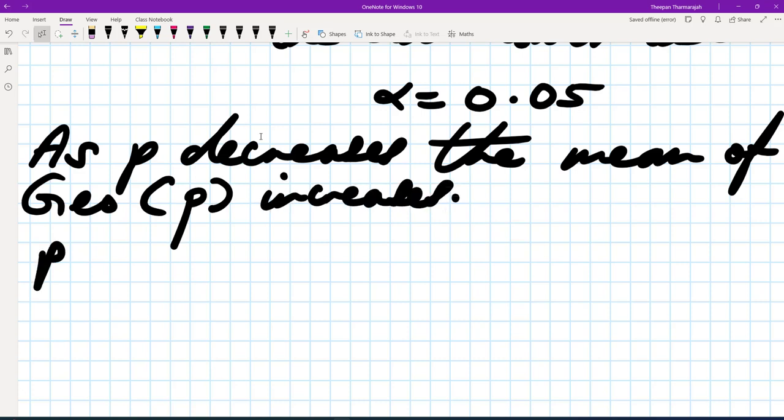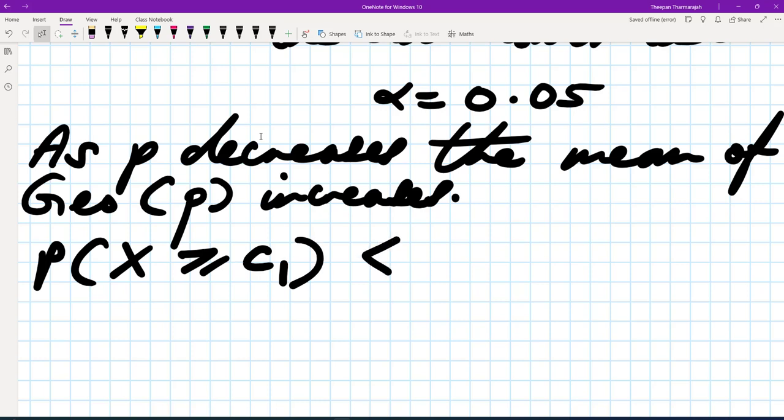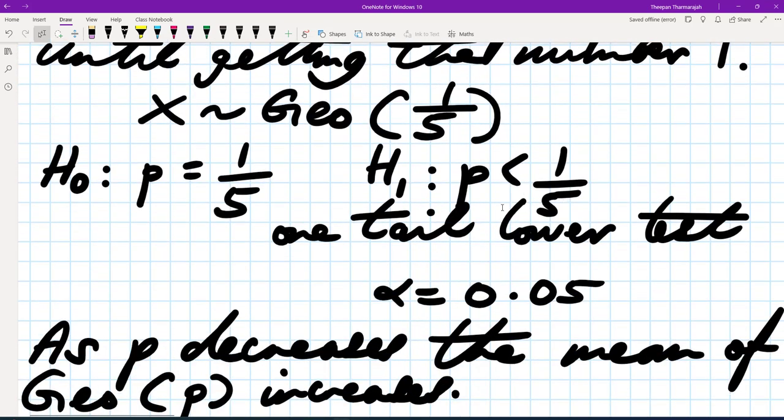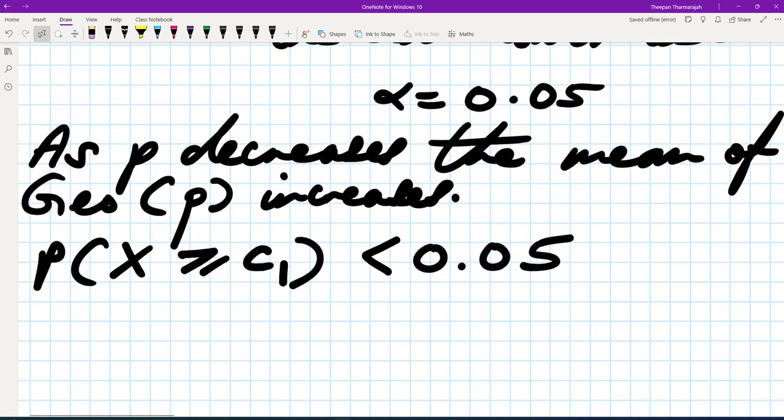So we want the probability that X is greater than or equal to some critical value, call it C1, and that must be strictly less than 0.05. Don't forget that the alternative hypothesis is that P is less than 1/5. So since P decreases and the mean of the geometric distribution increases, the probability of the observed value must be greater than or equal to the critical value here.